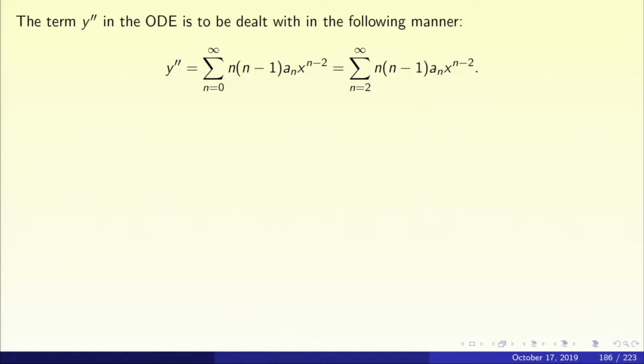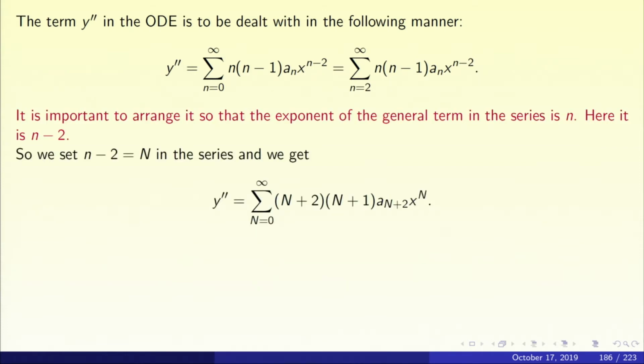So it is summation n from 2 to infinity n into (n minus 1) into a n x to the power n minus 2. Now what do we do? It is important that the exponent of x should be x to the power n and not x to the power n minus 2.